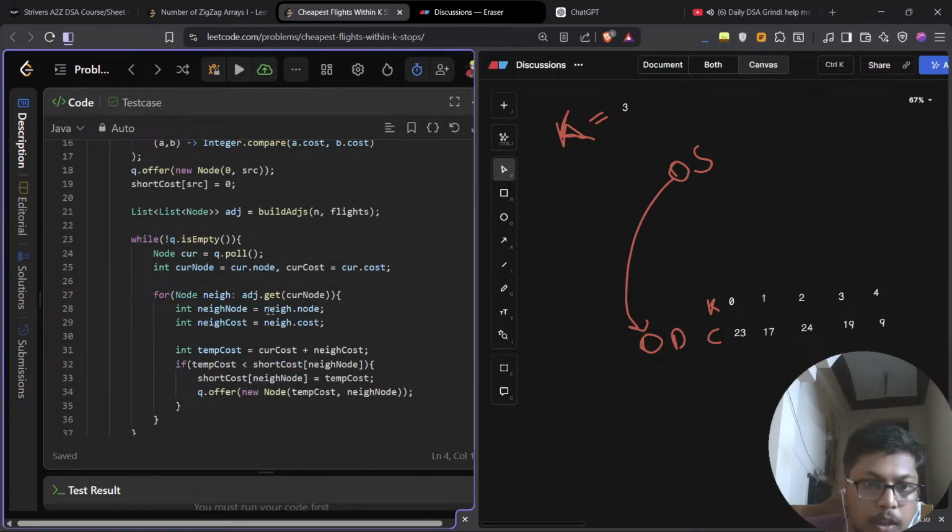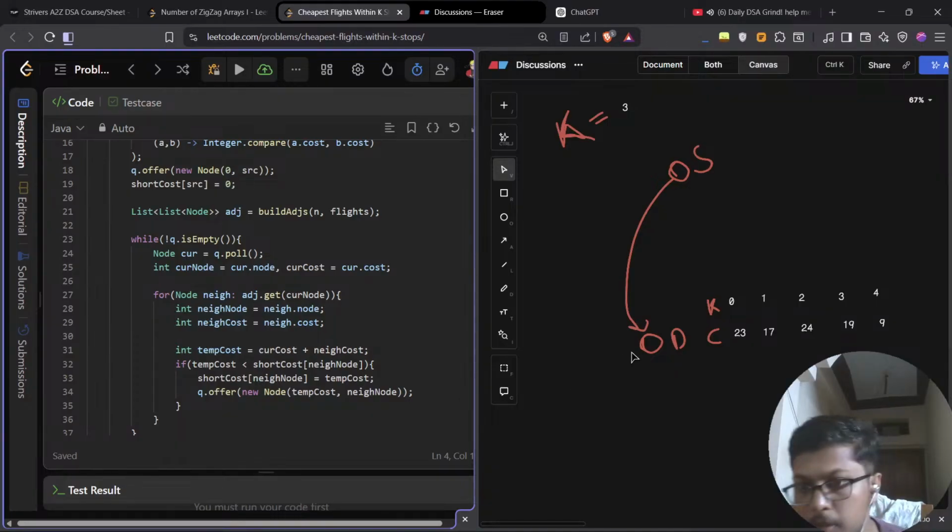And when I access it in this for loop, if I see the number of steps, or number of stops, is higher, then I would try to stop it. But the major flaw I have pointed out is that we need to memorize those things.